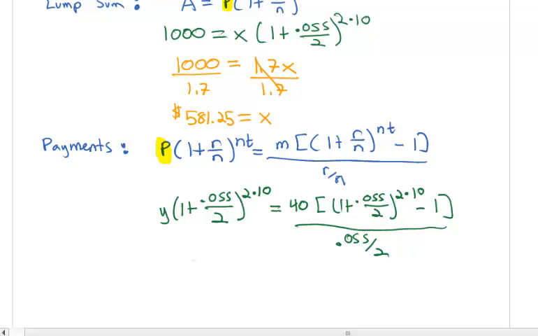Plugging in the calculator, the left side again is 1.7, this time times Y, equals the right side, which is approximately 1047.90. Divide both sides by 1.7, and Y, the present value of the payments, is $609.09.